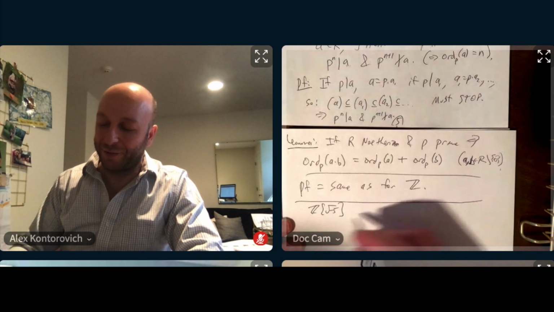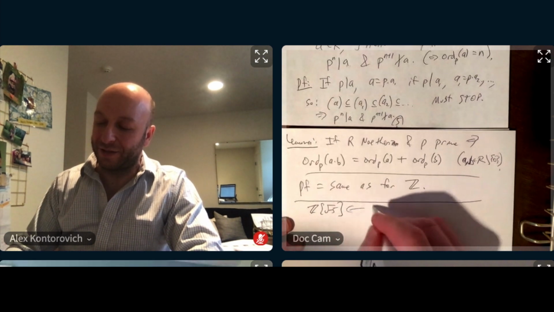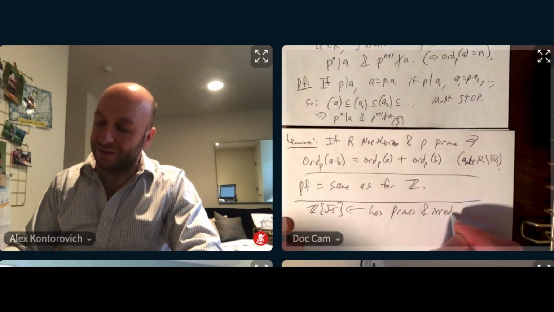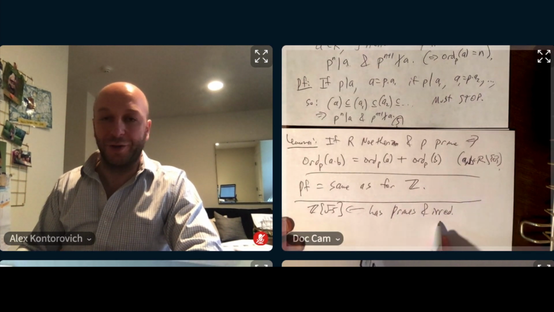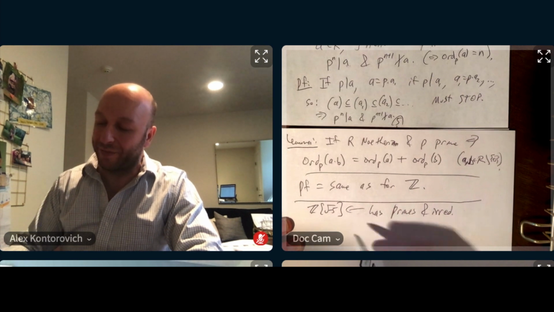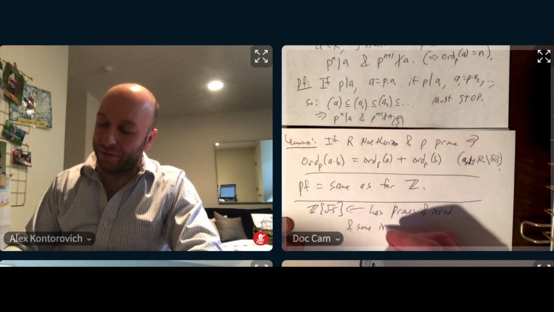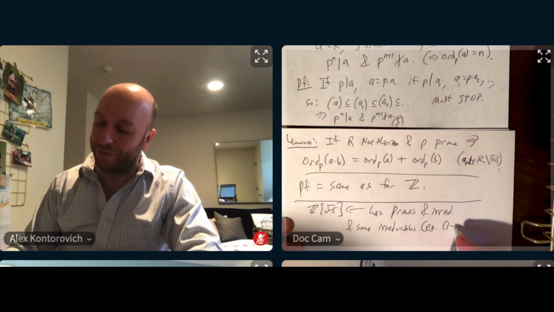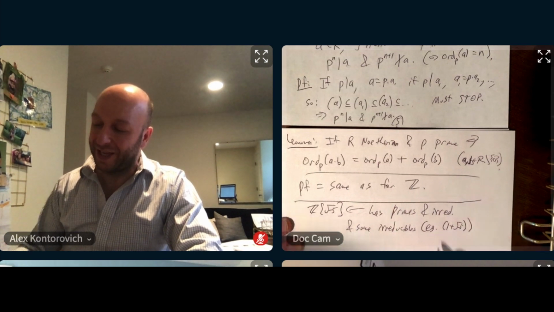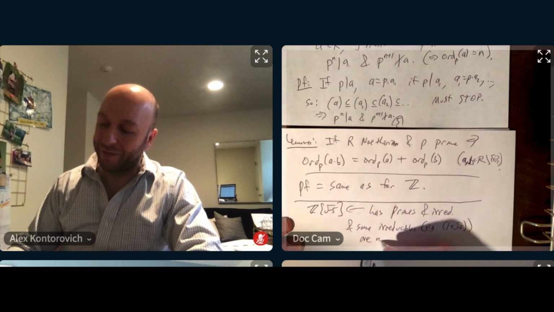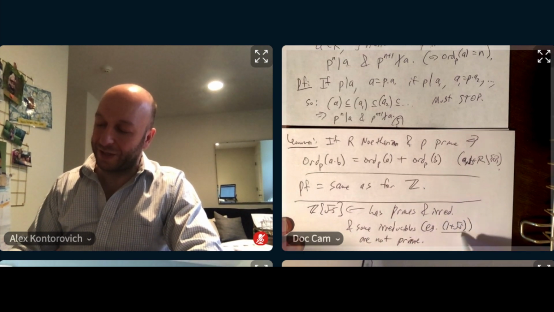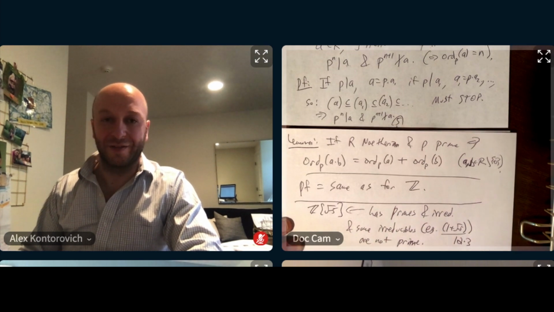The question was, this has both primes and irreducibles, and some primes are irreducible, but some irreducibles are not prime. For example, 1 plus root negative 5 is irreducible but not prime, because it divides the product of 2 times 3, but doesn't divide 2 and doesn't divide 3.